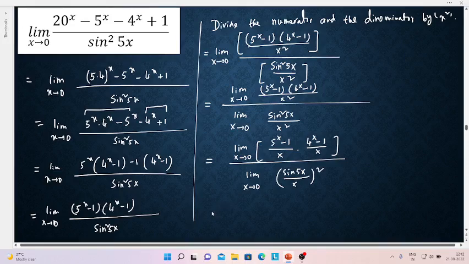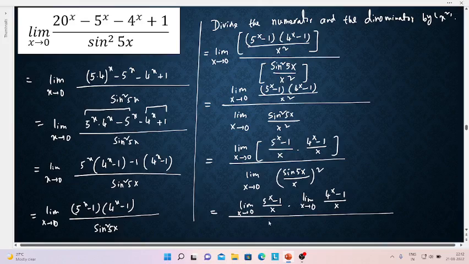Is that right? So now we can take the limit on the two functions, so it will become limit x tends to 0 of 5 to the power x minus 1 over x times limit x tends to 0 of 4 to the power x minus 1 over x, right?